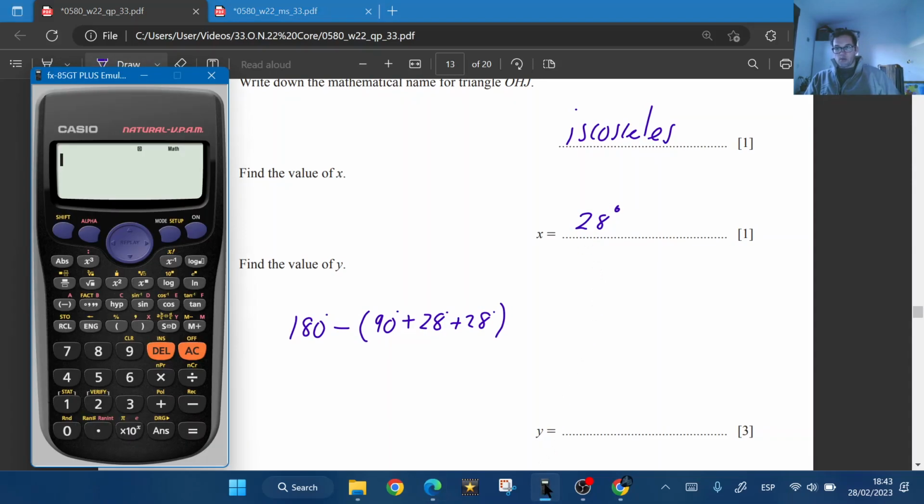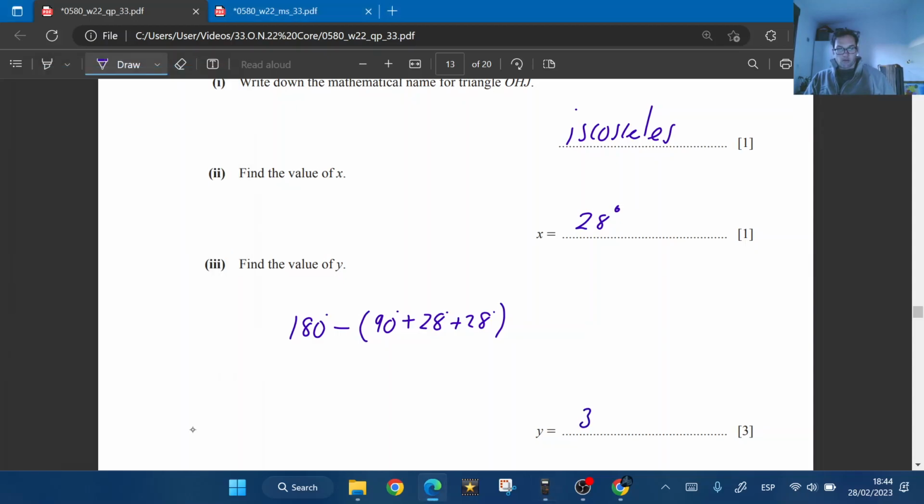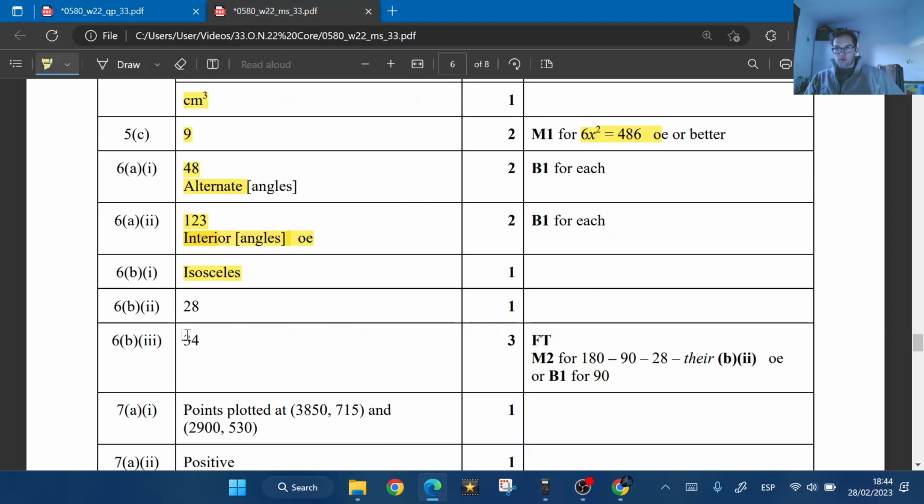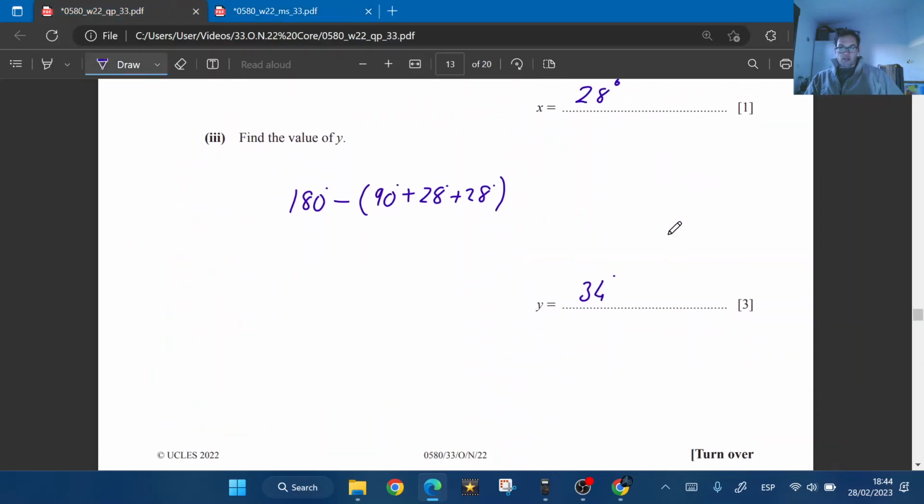Okay, so easy with a calculator. 34 it is. You see, we're subtracting those angles, and if your answer is 34, you got the right answer.